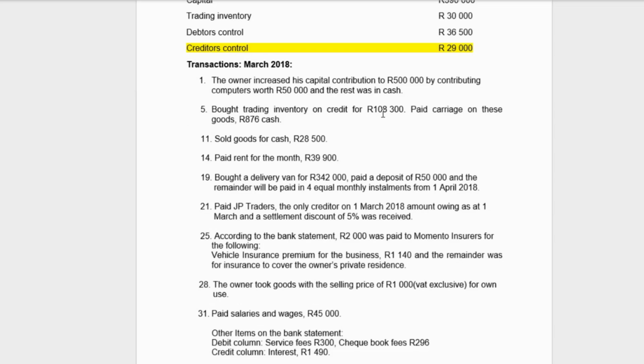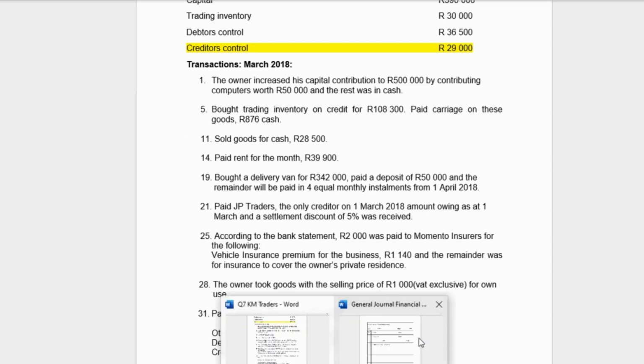Remember I said to you, the 2 accounts affected are trading inventory and creditors control, and we account for that when we record in the general journal.